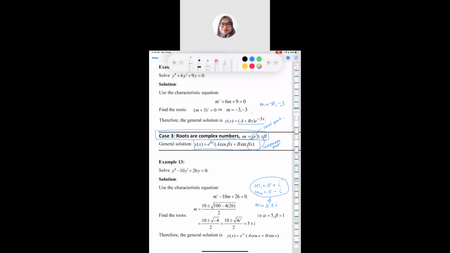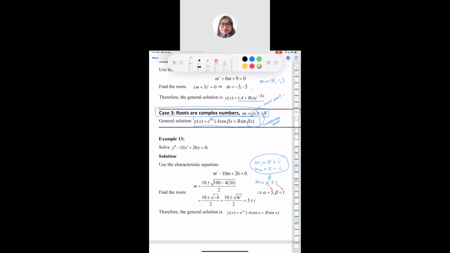Alright, good. So in this case, kita tahu alpha kita equal to 5, beta kita, imaginary part kita equal to 1. Terus replace dalam general solution.